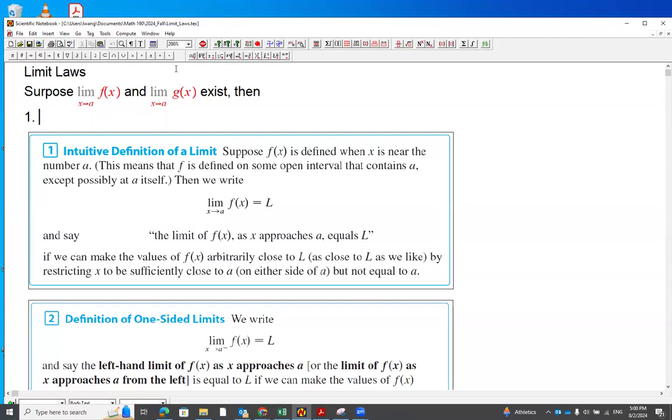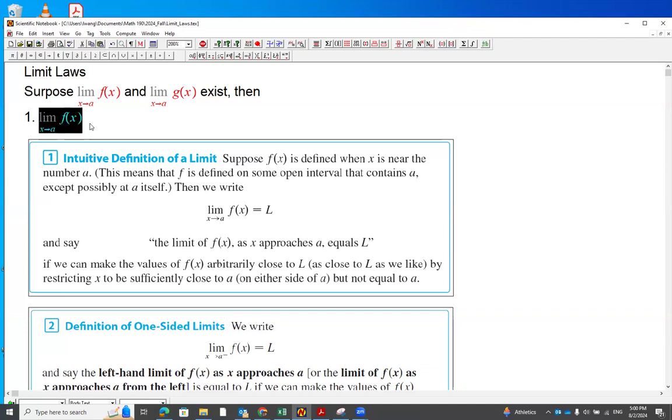Okay? Then the limit of the sum f of x plus g of x is equal to the limit of f of x plus the limit of g of x.